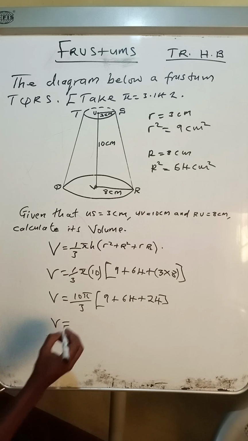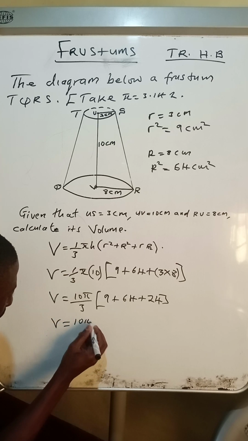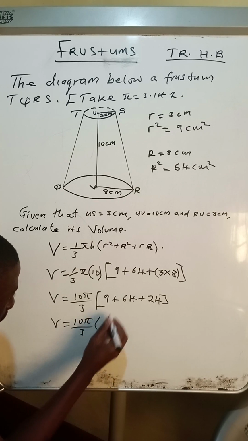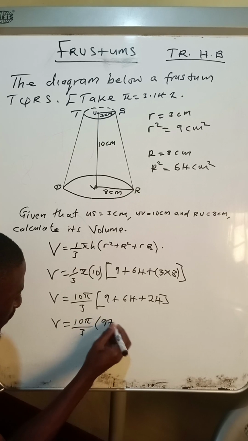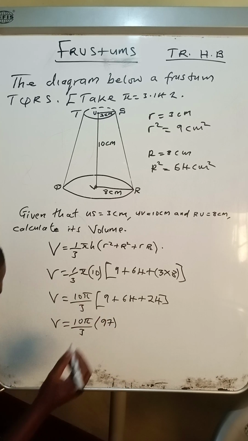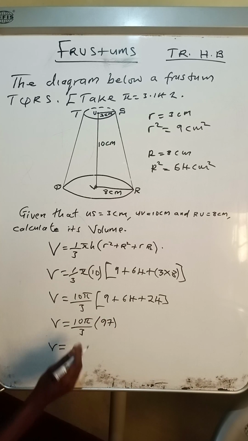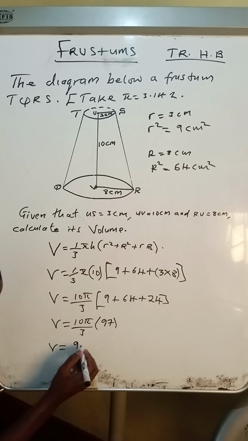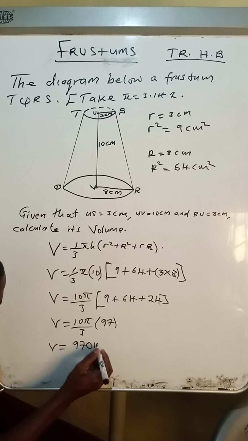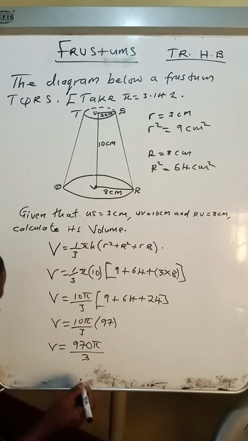When we add, this gives us 10 pi over 3 multiplied by 97. So our volume will be equal to, we can multiply to give us 970 pi, then we divide that by 3.